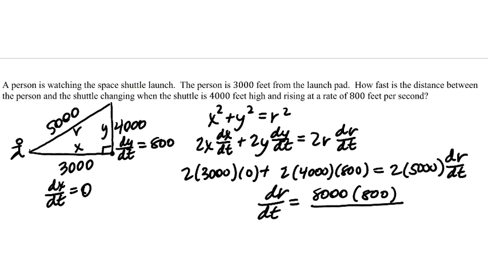I don't trust myself with that type of arithmetic. So I'm going to divide by 10,000. And then I'll know that these thousands will cancel. And I'll have 8/10 of 800 will be 640. Okay, I trust myself with that. And r is going to be measured in feet, and time is measured in seconds. So I'm going to say feet per second.